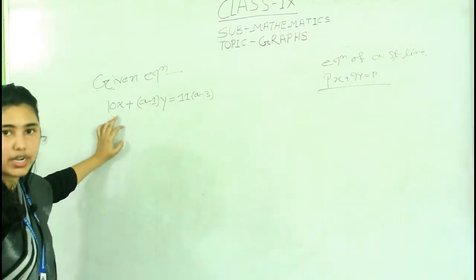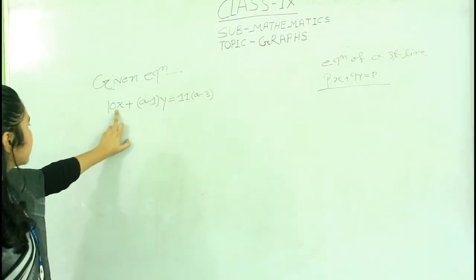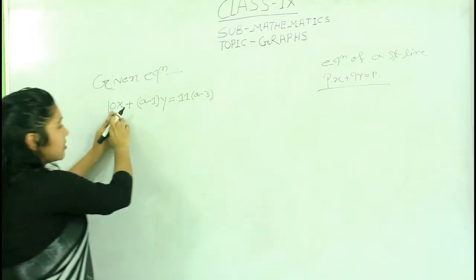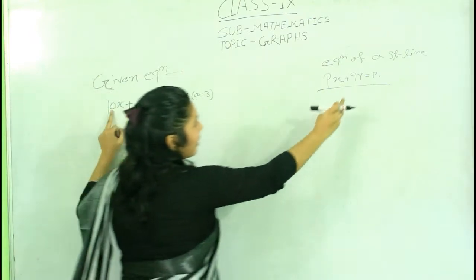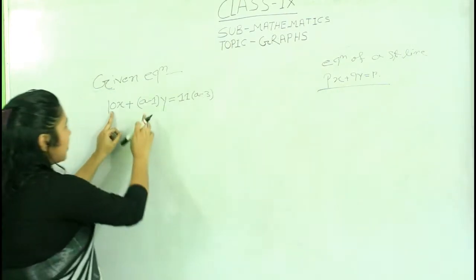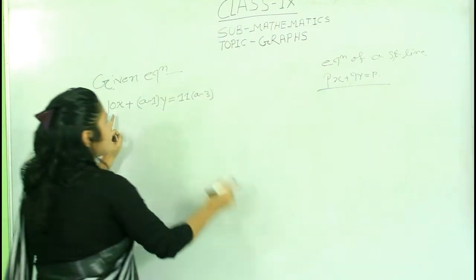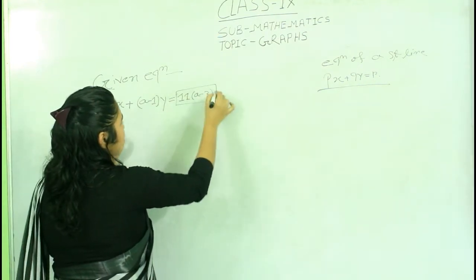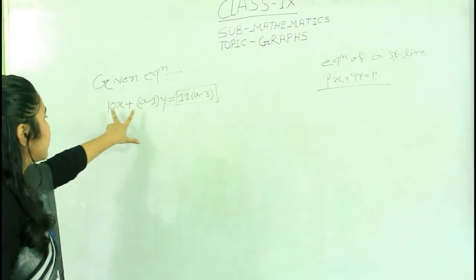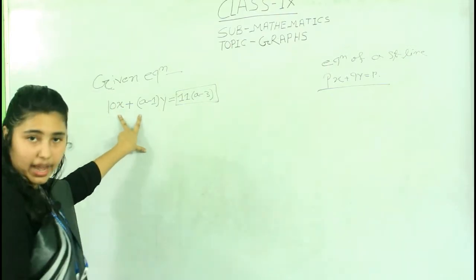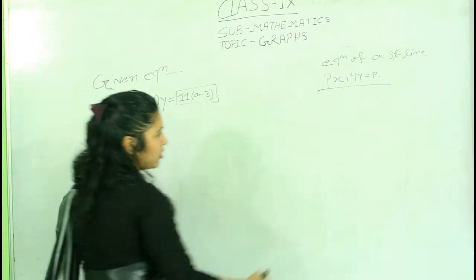Here the value of p is 10, the value of q is a minus 1, and the value of r is 11a minus 3. Now this straight line passes through the origin.